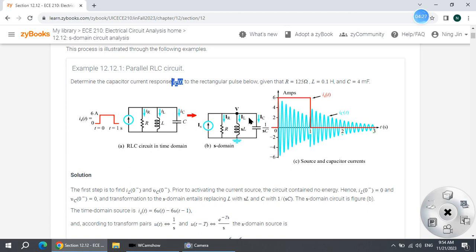Here Is is capital Is. All these are S domain, capital letters. And for each part, R will go to still R, L will go to SL, and C will go to 1 over SC.